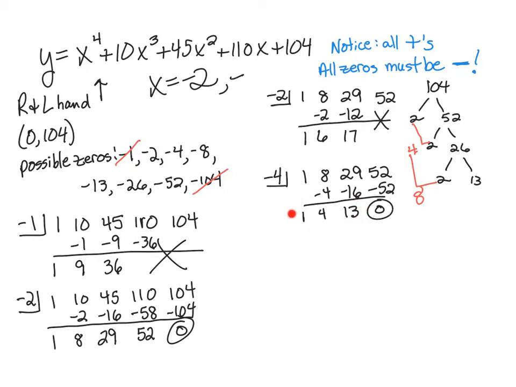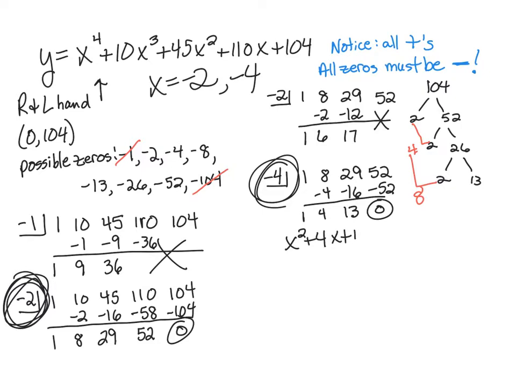And now this is quadratic. So I got my -4. I got my -2. Two zeros here. And now this is x squared plus 4x plus 13, which doesn't factor, and that's okay. I'm going to complete the square. My leading coefficient is a 1, and my middle guy is even, so divide him by 2, write it down, square it, add it to both sides.